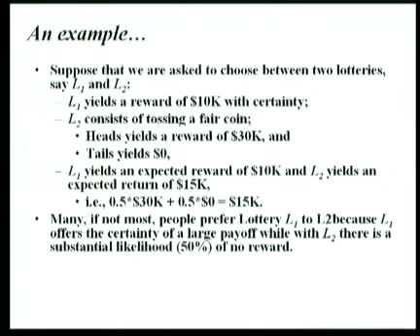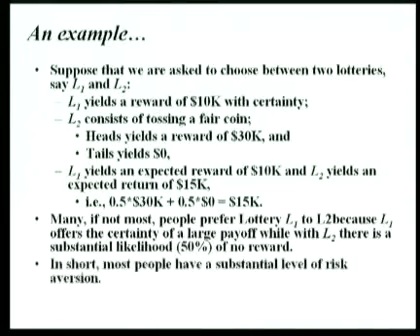You probably go for the 15K. On the other hand, if you're like me, you might want to seriously consider picking up that $10,000 and walking out. So, in short, most people have this substantial level of risk aversion. Now, how do you capture all that? How do you bring that into the picture in this decision making, trying to minimize this risk out there?